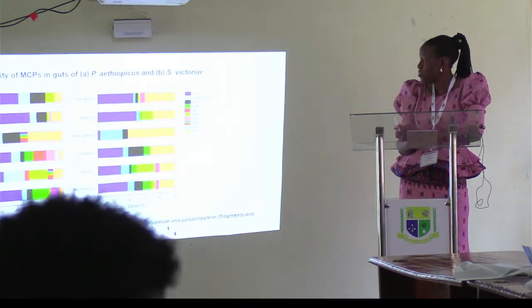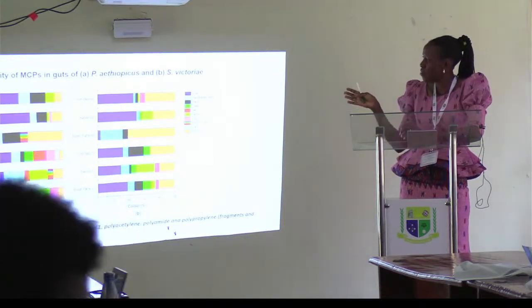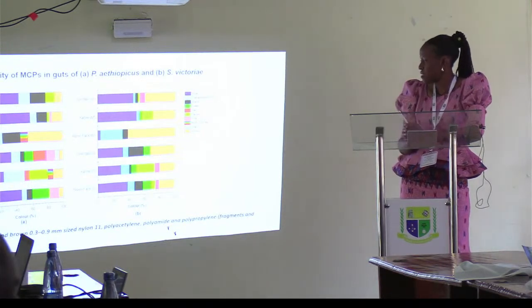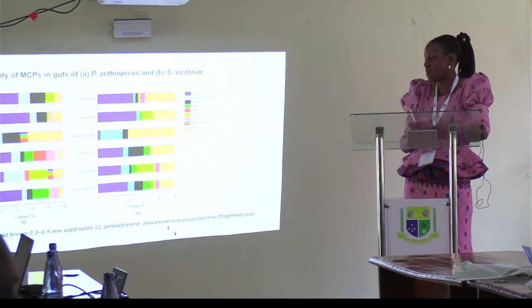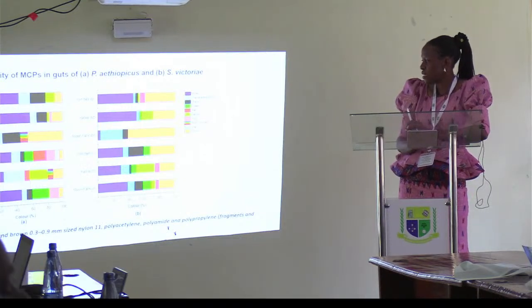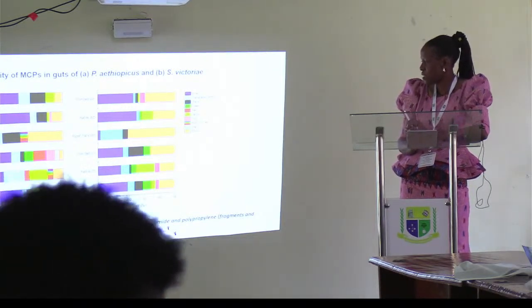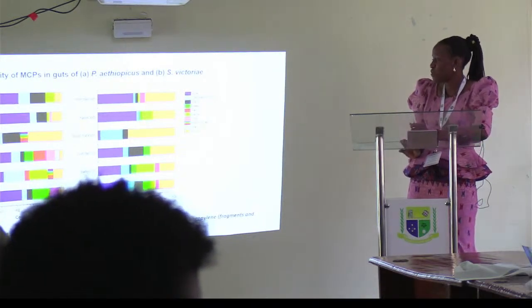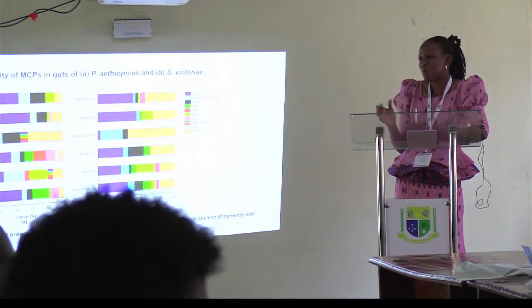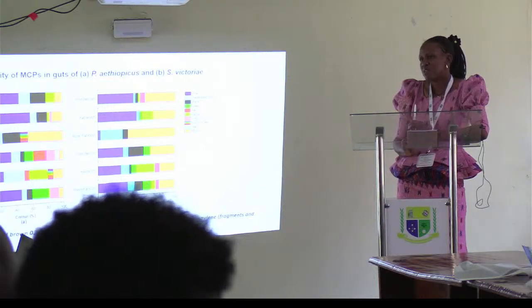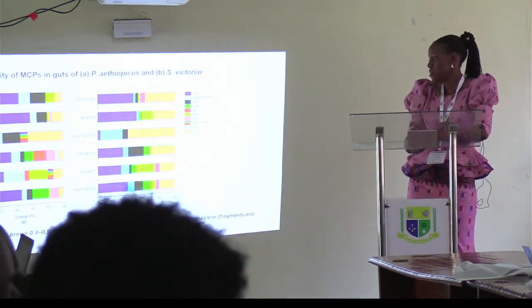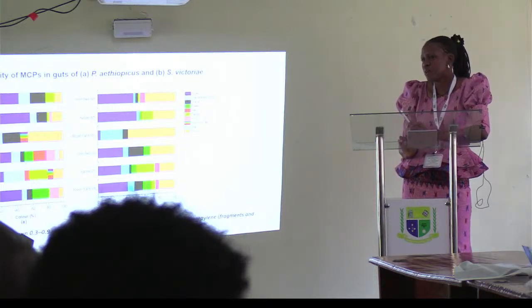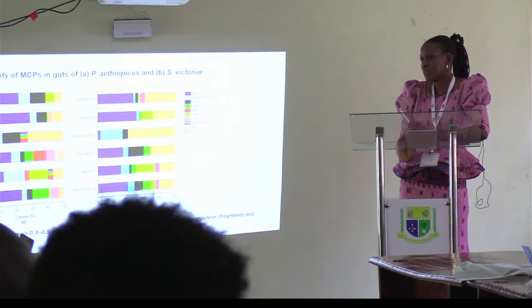We also try to look at the different colors and diversity of the microplastics in the gut, because when we looked at the muscle and the gills, we didn't find any microplastics. But when we look at the gut, maybe at the time of harvesting of the fish, the microplastics were yet to move into the muscle of the fish that we are looking at within the different areas.